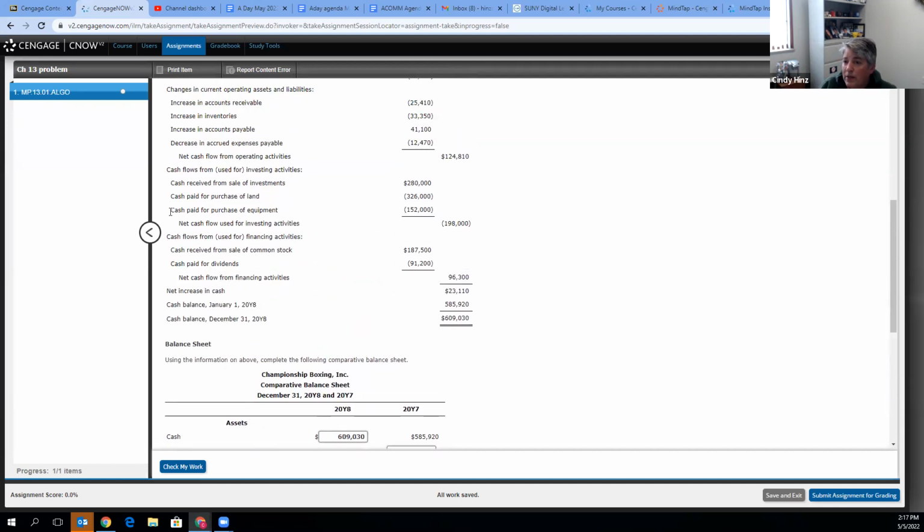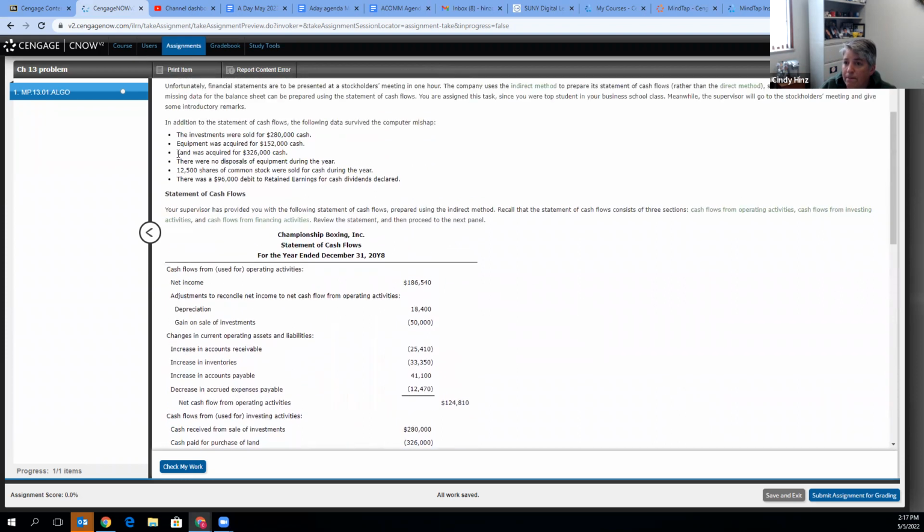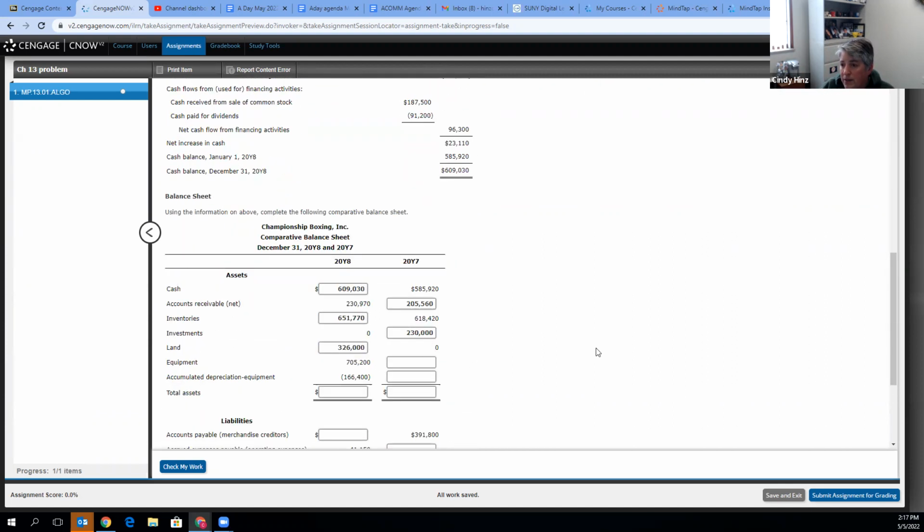What about equipment? It tells us that we paid cash for equipment for $152,000. And up here, it tells us there were no disposals of equipment during the year. So the only change to the equipment account is that we bought $152,000 more in equipment.